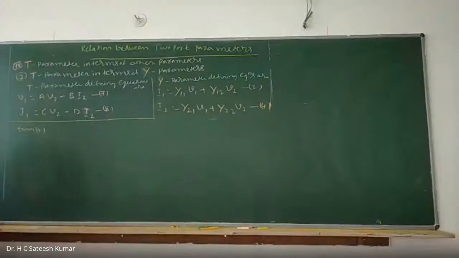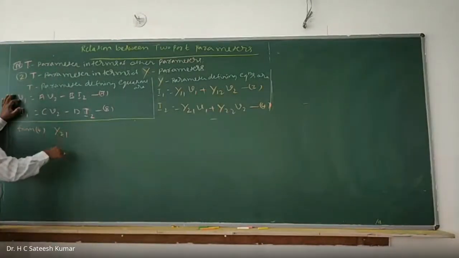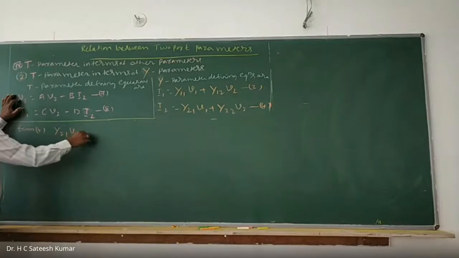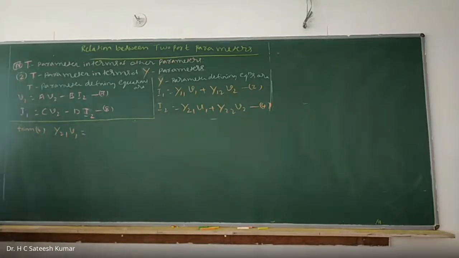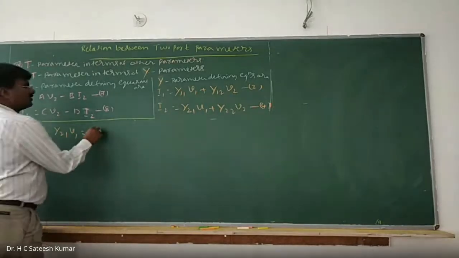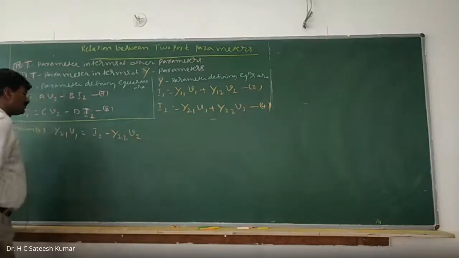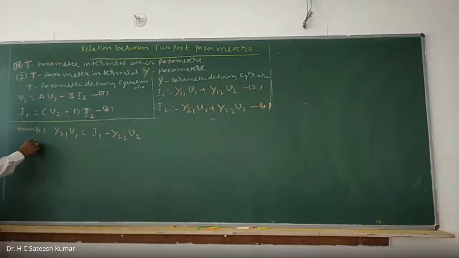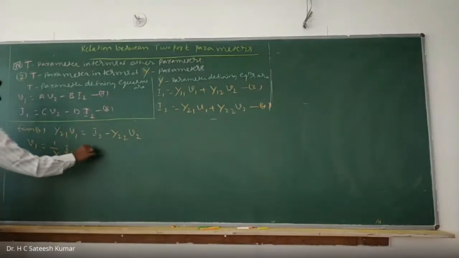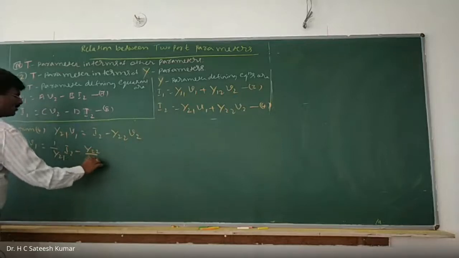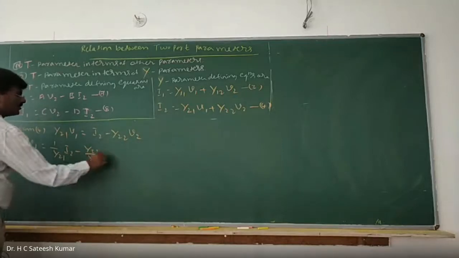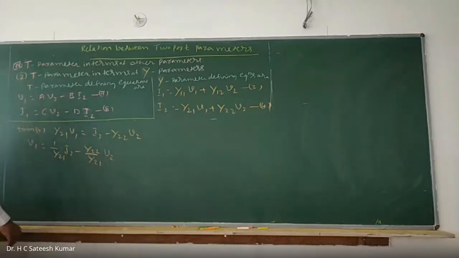So from 4, what do we have? Y21 into V1 is equal to I2 minus Y22 into V2. Therefore V1 is equal to 1 by Y21 into I2 minus Y22 divided by Y21 into V2. Okay, right.